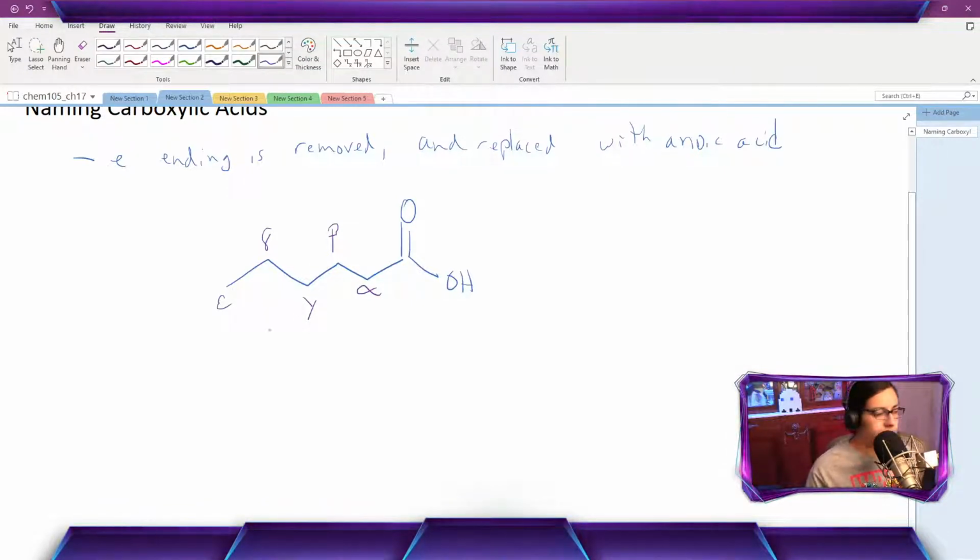It keeps going on. So now we can name our lactones here.